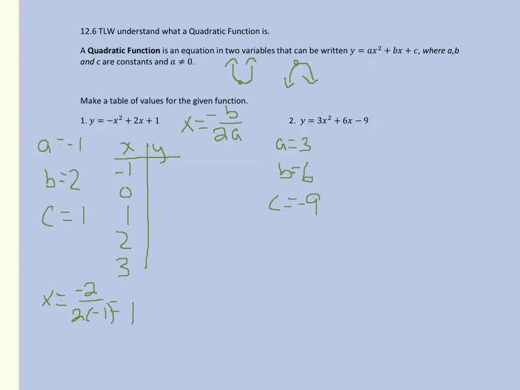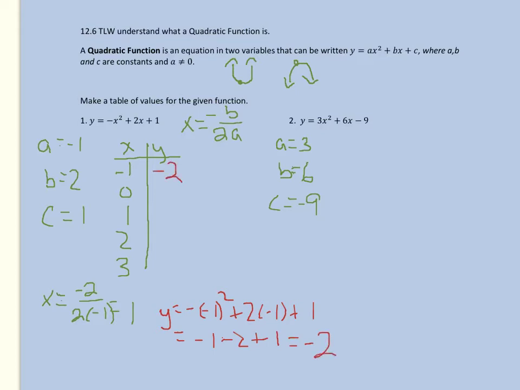So now plug these x values into this equation and calculate. I'll do the very first example here. You get y equals negative -1 squared plus 2 times -1 plus 1. That is -1 minus 2 plus 1, which is -2.